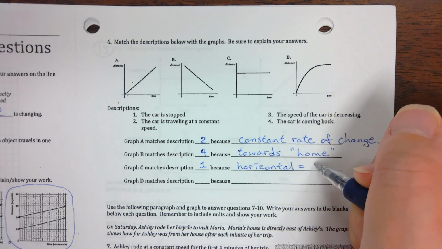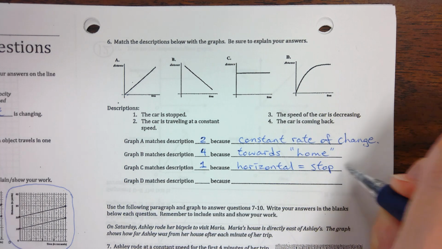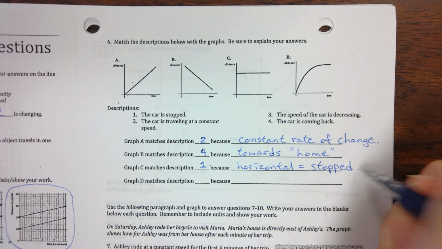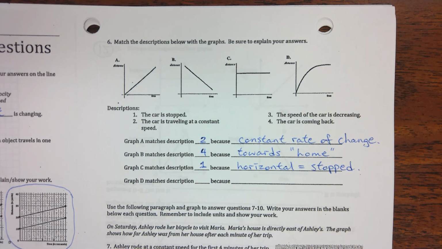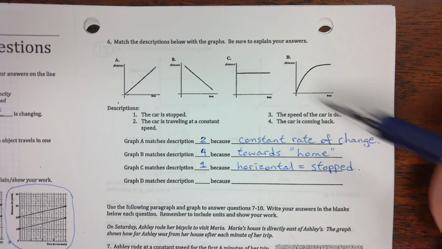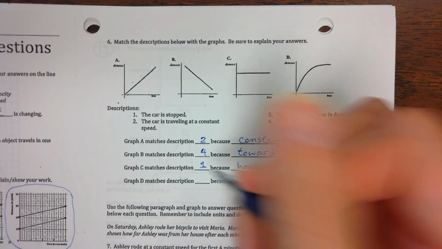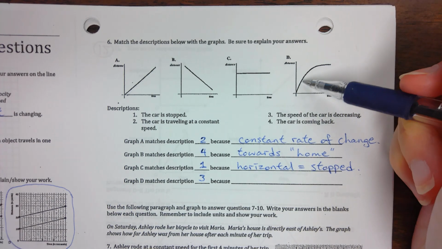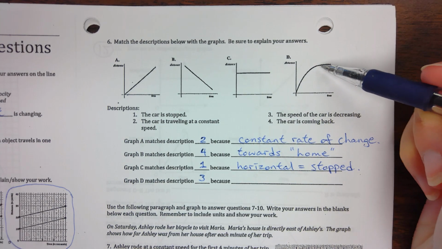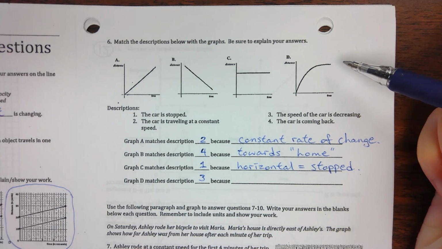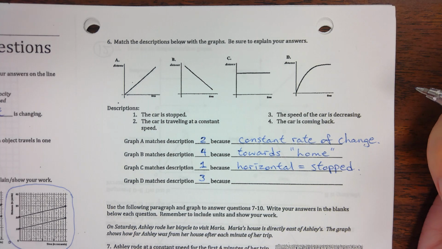So remember that always, always, always. And then lastly, graph D. We have a graph like this. The graph matches description 3 because it's decreasing.